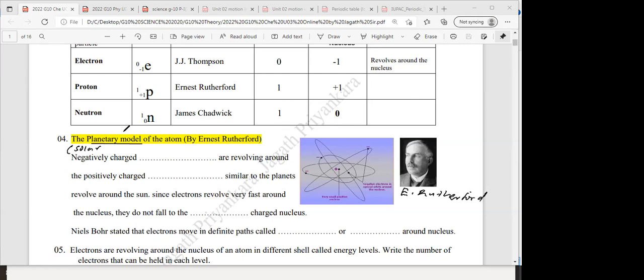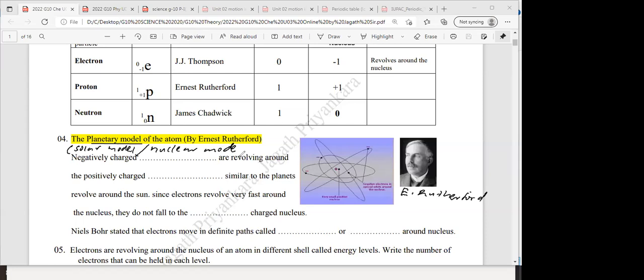Rutherford said electrons are like planets and the nucleus is like the sun. Just like planets revolve around the sun, electrons are orbiting around the nucleus. That's why we call it the planetary model, sometimes the solar model, or sometimes the nuclear model of the atom.